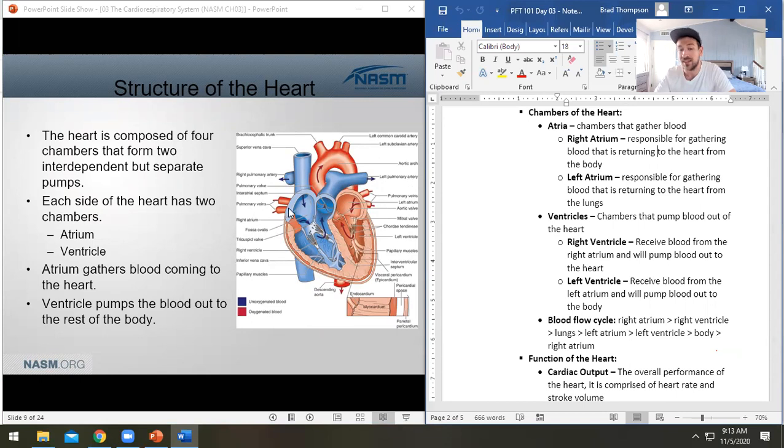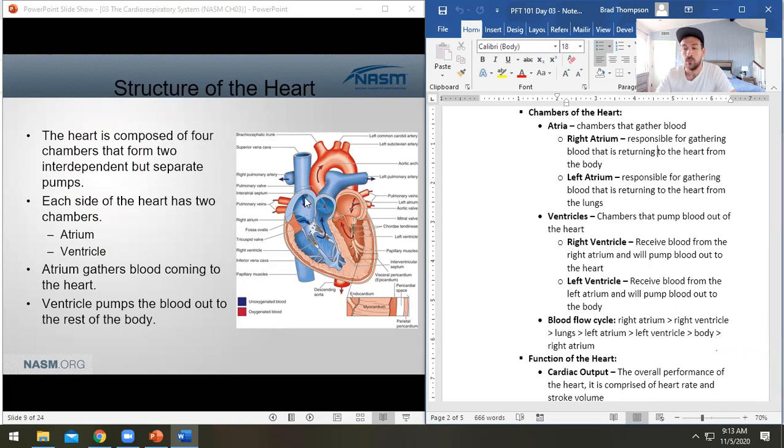So if we look at a blood cell, let's say it starts in this right atrium. It just got done delivering some oxygen to my left big toe, and now it travels up through the body and gets dumped into my right atrium, where the heart gathers blood. It doesn't have any oxygen in it, so its job is to get to the lungs and pick up more oxygen.